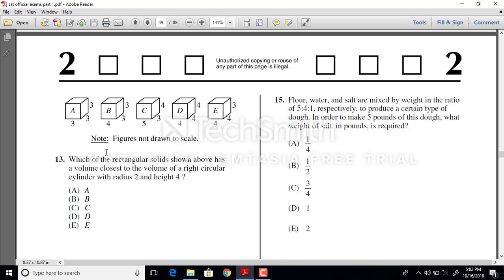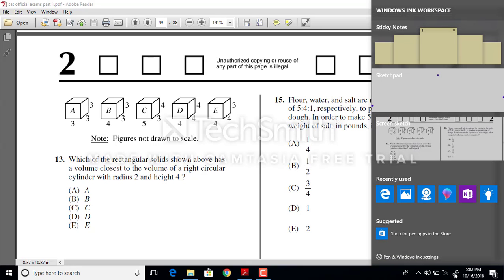They are not drawn to scale, of course. Which of the following rectangular solids shown above has a volume closest to the volume of a right circular cylinder with radius 2 and height 4?